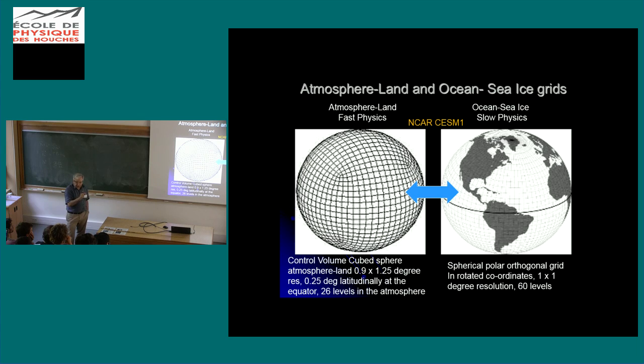So we're going to have to integrate this model over huge time scales, right? And we're going to be interested in the coupled atmosphere, land surface processes, and ocean dynamics and sea ice cover on these two grids which talk to one another through a flux coupler, which is not, as we call it, flux corrected.